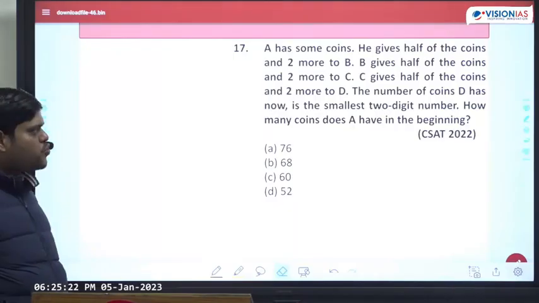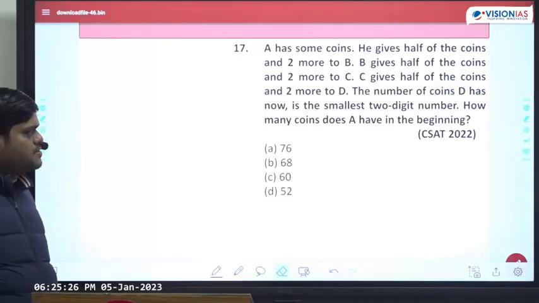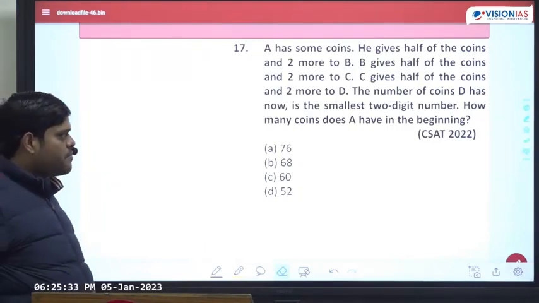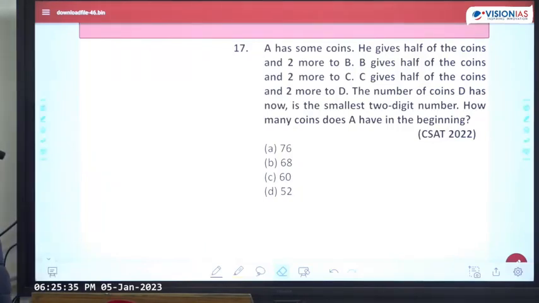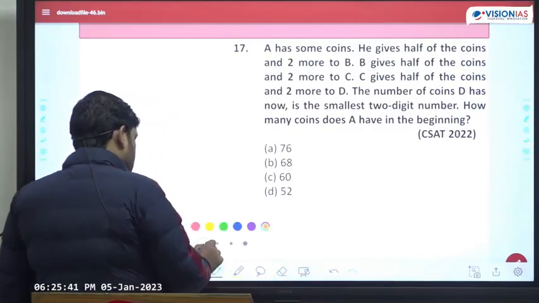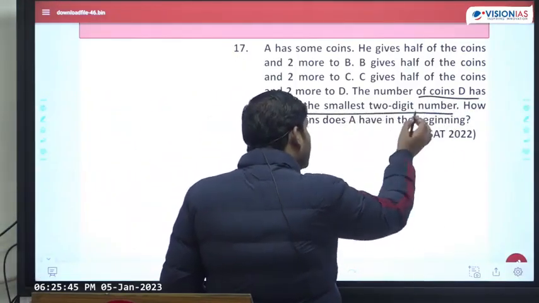What is the smallest 2-digit number? 10, or not? The smallest 2-digit number is 10. That means ultimately the question is saying D has 10 coins.